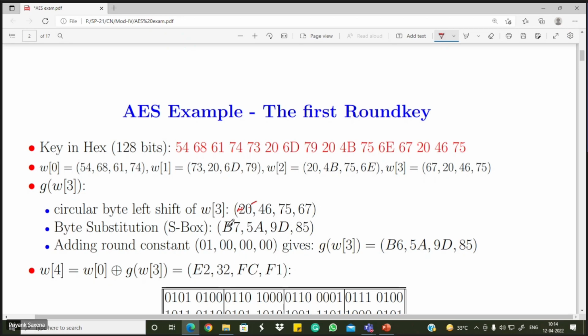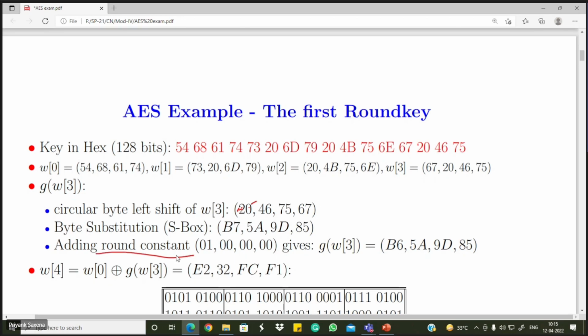Then these round constants are fixed. For each round, these round constants are fixed. For round 1, it is this. For round 2, also I think the same thing. Then round 3, round 4. For every round, this is also fixed. You can see here.